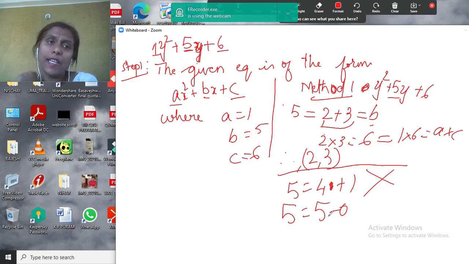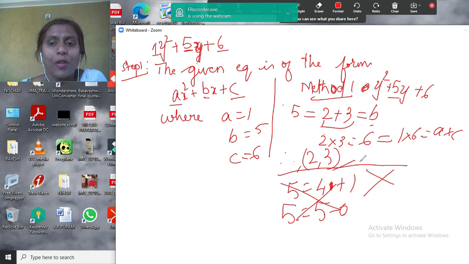If I take the pair as 5 and 0, then 5 minus 0 is 5, so the condition on B is satisfied. But 5 into 0 is 0, which can't be A into C. So these two numbers can't be taken. Got me? Therefore, the pair that we got is 2, 3.